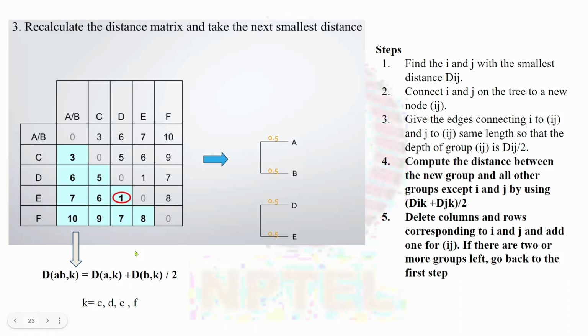When we want to extract the distance between the combined node A, B and C, we take the average of the distances AC and BC to reconstruct the new distance matrix. In the new distance matrix, we see the nodes D and E have the smallest value. So we join them.